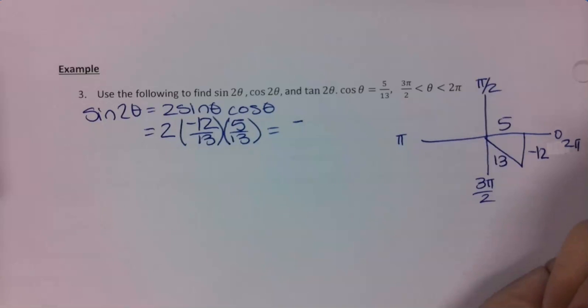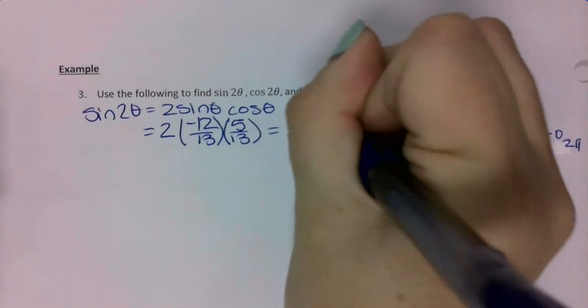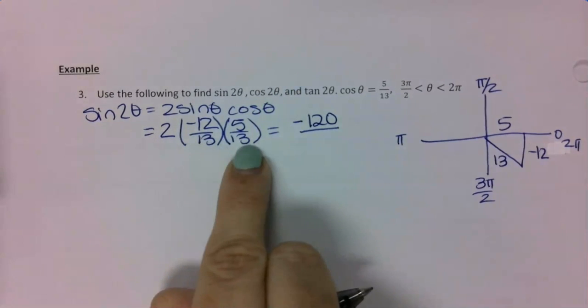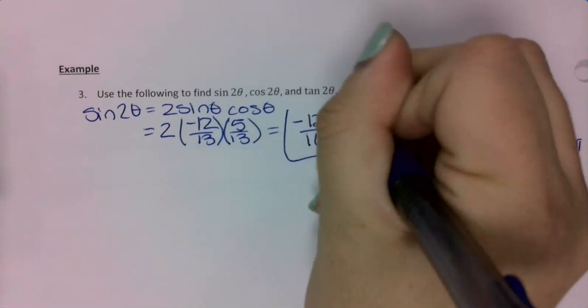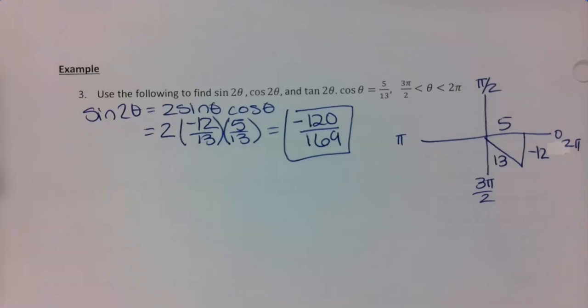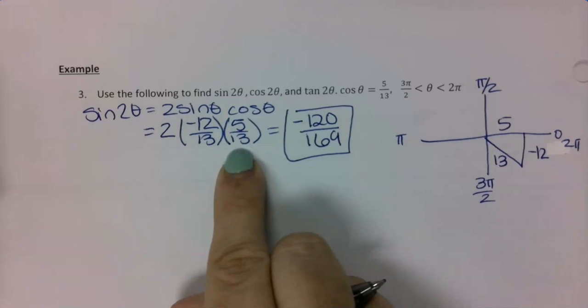Negative 120. 13 times 13 is 169. No, because remember the 2 is over a secret 1.